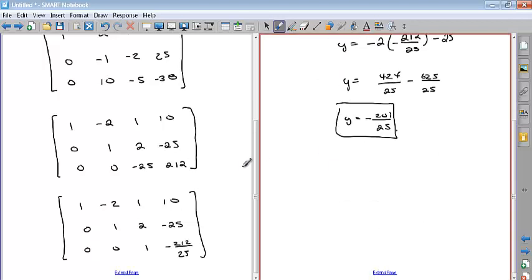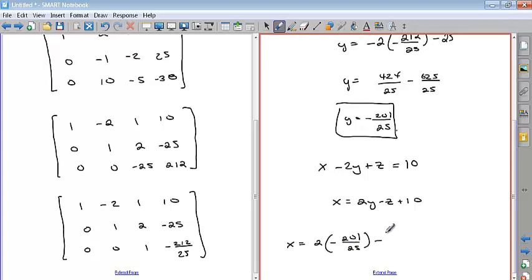And then finally, the first equation says x minus 2y plus z equals 10. So I have 1 times x minus 2 times y plus 1 times z is equal to 10. So if I solve for x, that's going to be x is 2y minus z plus 10. But I just found out what y is. It's negative 201 over 25.